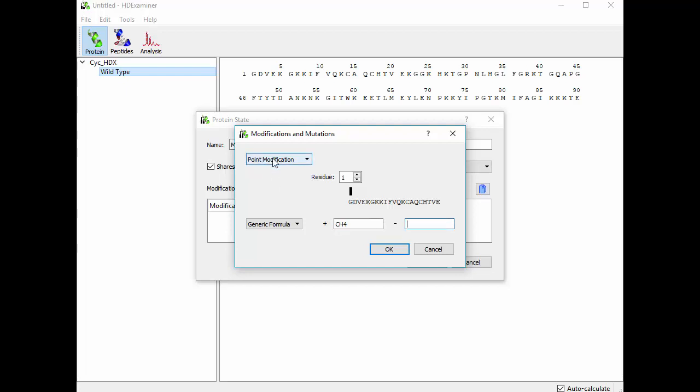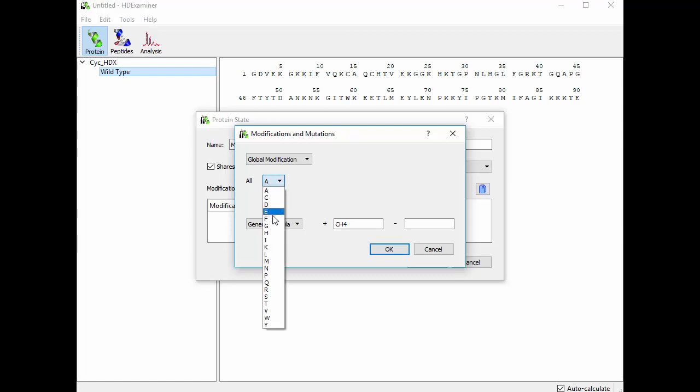So point modification is a single chemical formula attached to a single known residue of your protein. A global modification means that every instance of the selected amino acid has the given formula attached to it. This is less common, but there are some experiments that do that.